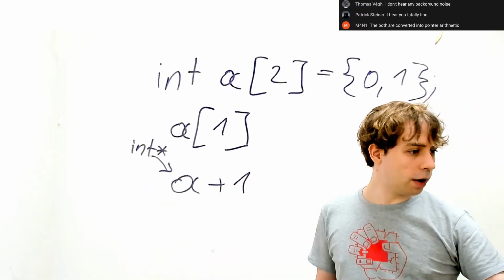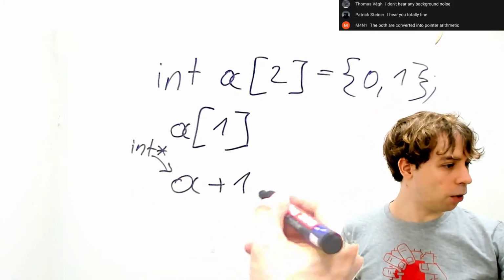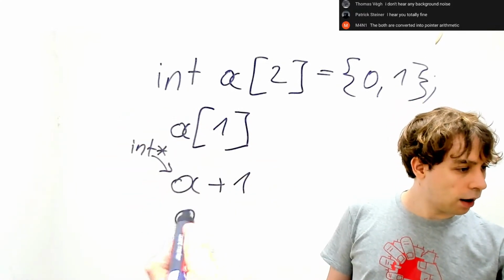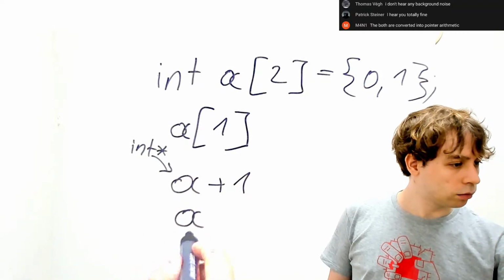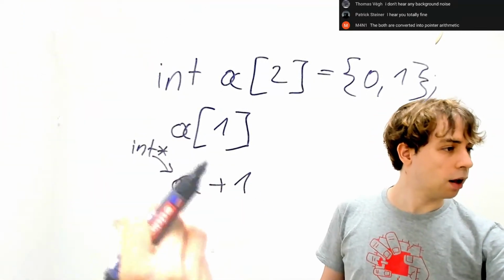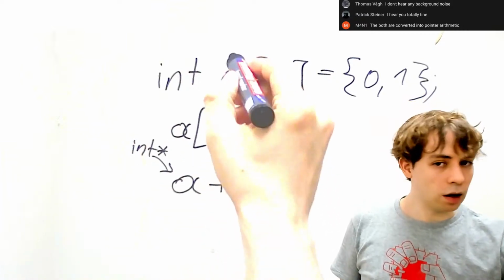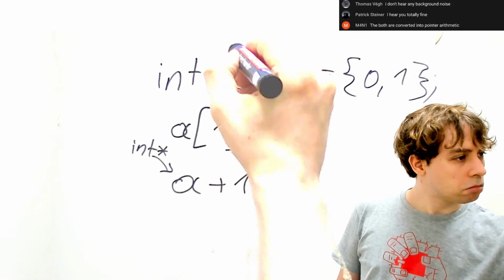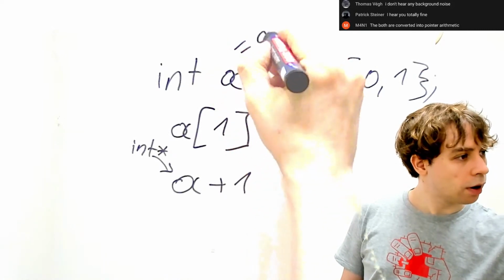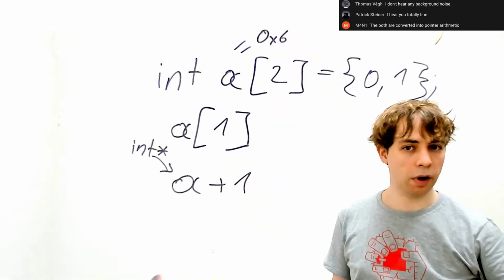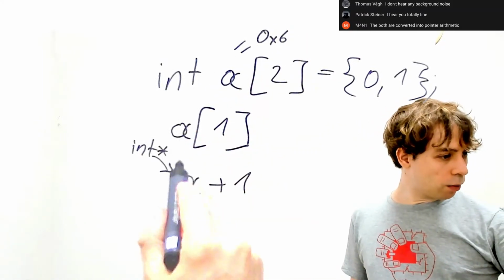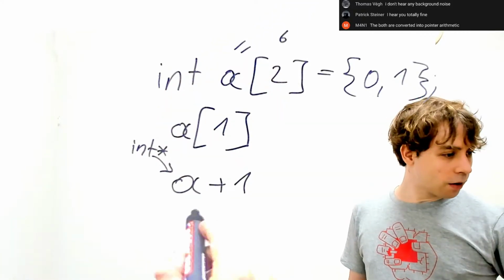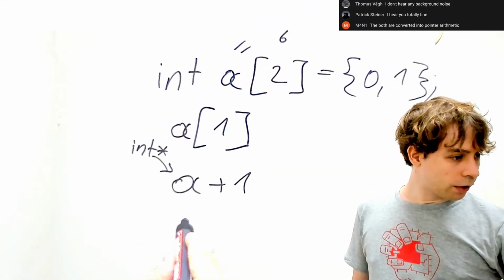So when we resolve this, this would be the value of A. Let's assume the pointer A has the value, as before, 0x6, hexadecimal 6, but it's the same as decimal in this case because it's a very small number.